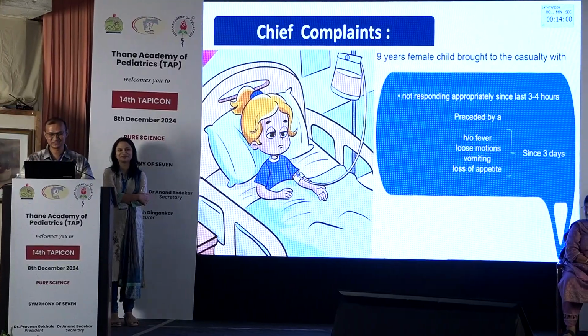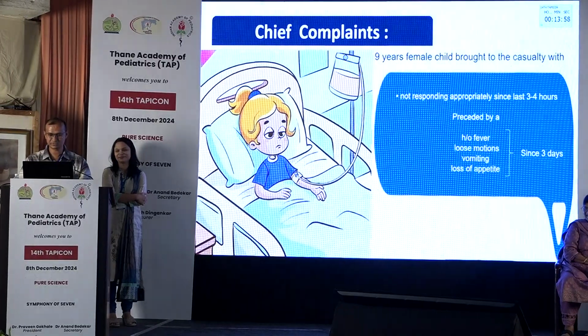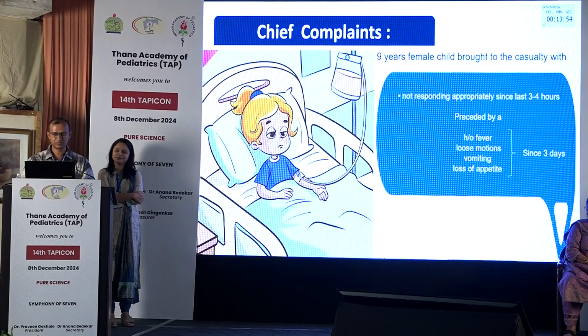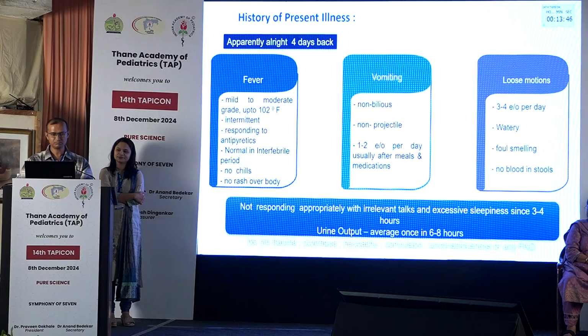This female child came to our casualty not responding appropriately since 3 to 4 hours, preceded by a short history of fever, loose motions, vomiting, and loss of appetite since three days. The child was apparently all right 4 days back.